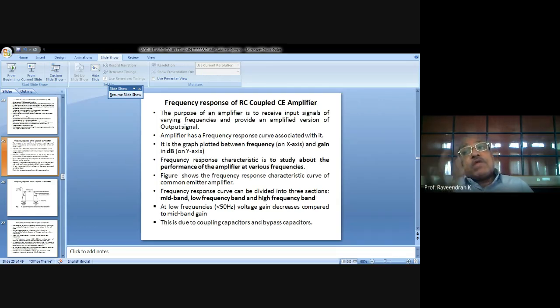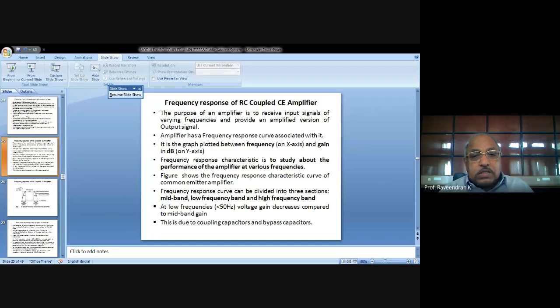But for very high frequencies, greater than 20 kilohertz, 30 kilohertz or 50 kilohertz, above the audio range, this inter-electrode capacitance of the transistor will offer a very small capacitive reactance, isn't it?